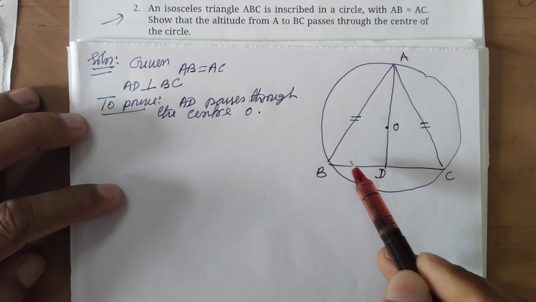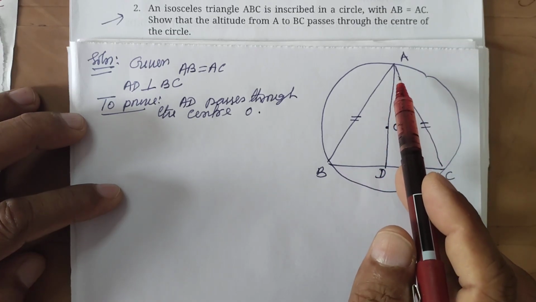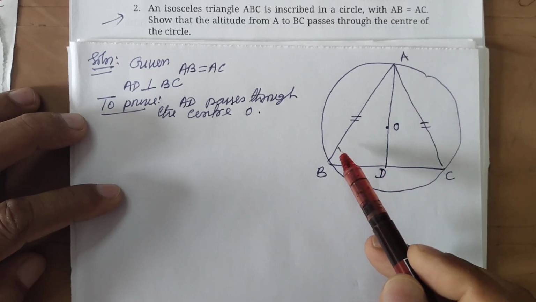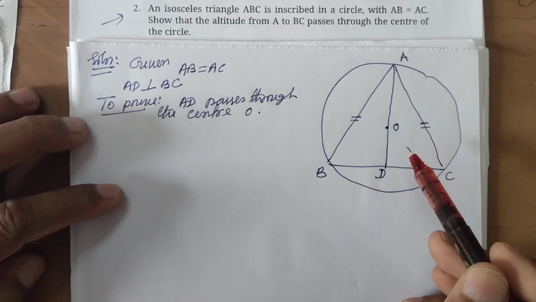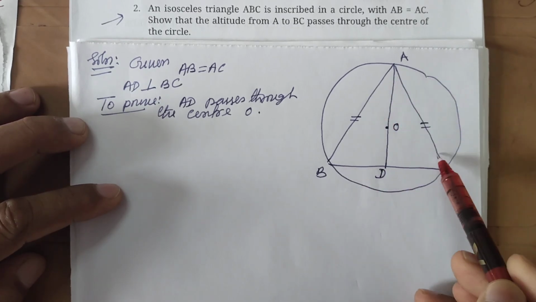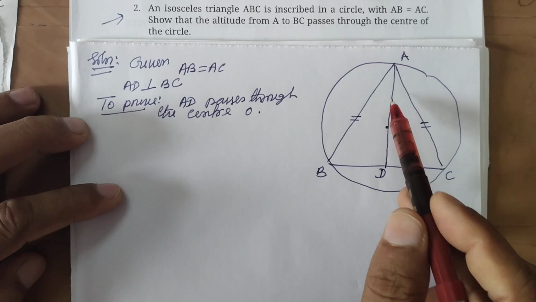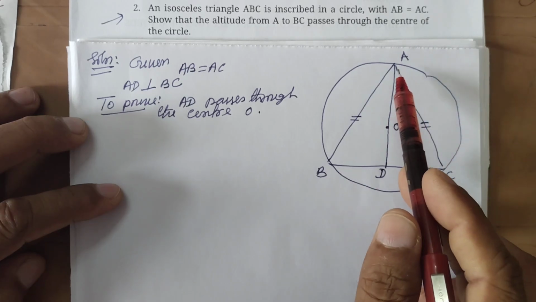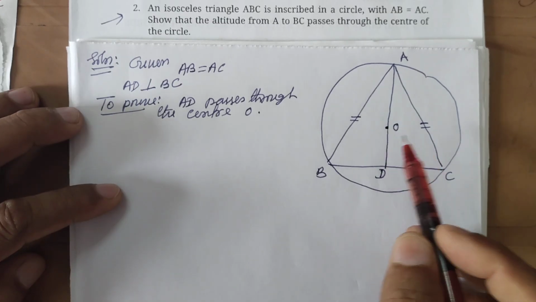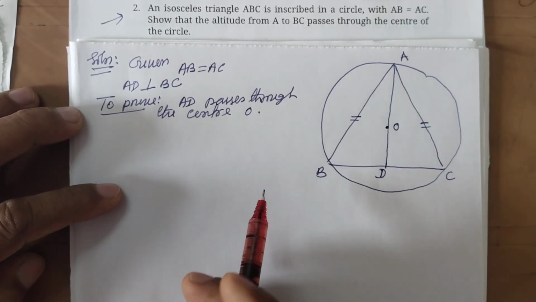It is given ABC is a triangle inscribed in a circle. Inscribed in a circle means the triangle is touching the circle from inside. And then it is given AB is equal to AC, and also it is said that AD is perpendicular BC, and you are asked to prove that this perpendicular AD is passing through the center of the circle. A little bit logical, you have to try to understand.